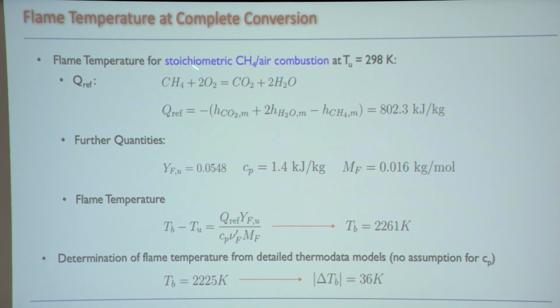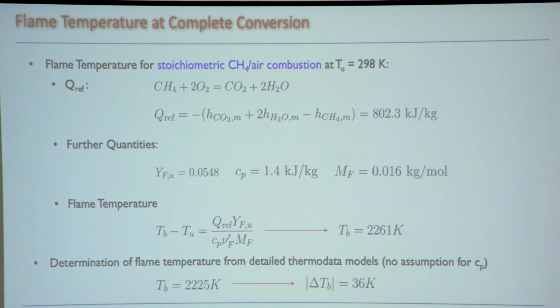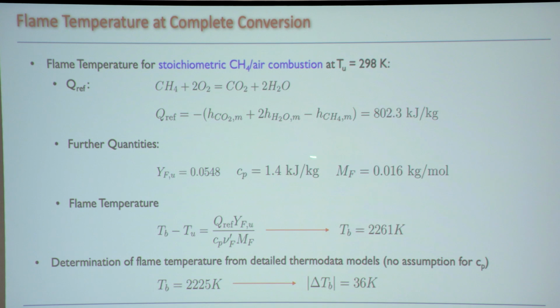Let's take a stoichiometric methane-air mixture at 298 Kelvin. First, the global reaction. The heat of reaction is given by H of CO2 plus 2 H2O minus methane minus 2 oxygen, but the oxygen enthalpy is 0, so that doesn't appear. You look in the table I showed you earlier, 800 something kilojoule per kilogram.